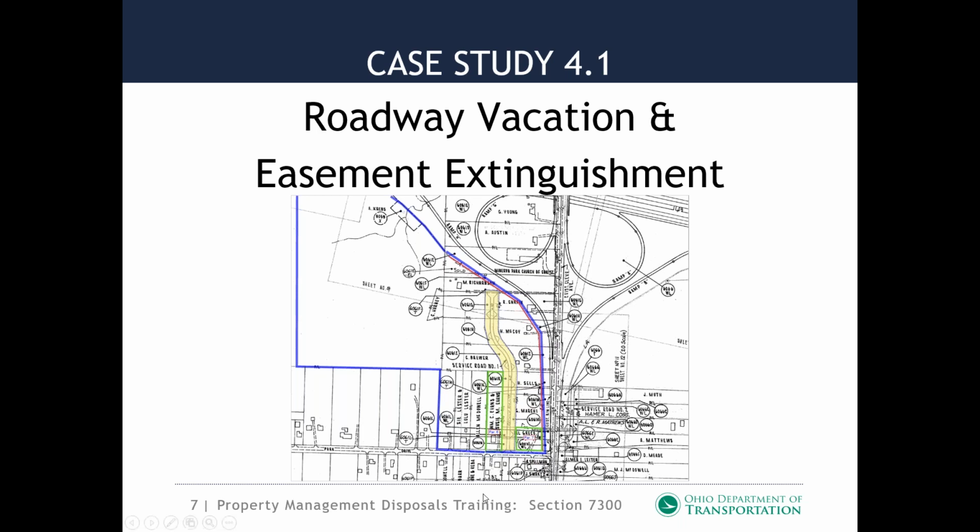If they want to dispose of that with multiple abutting owners, the district will vacate the roadway, which may involve damages to parcels 6 and 7, and access may be impacted. If parcels 6 and 7 have adequate access into the adjoining roadway to the south, they may be able to extinguish the easements to the underlying fee owner without any damages.